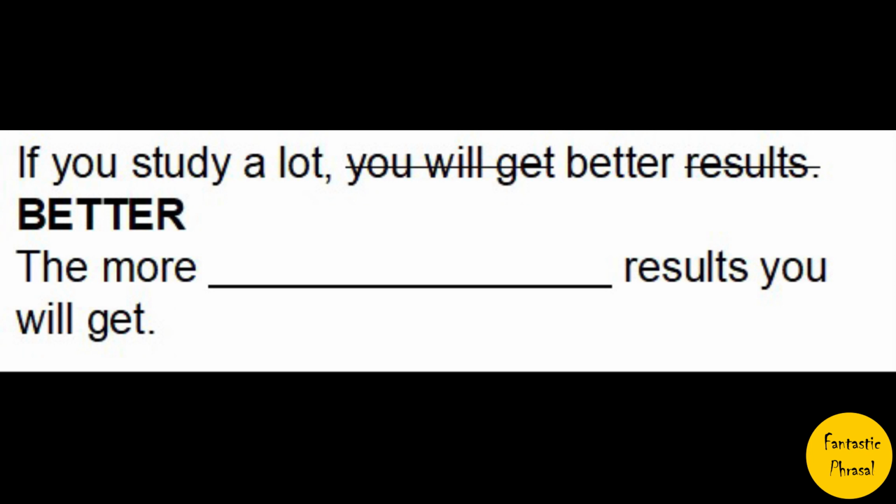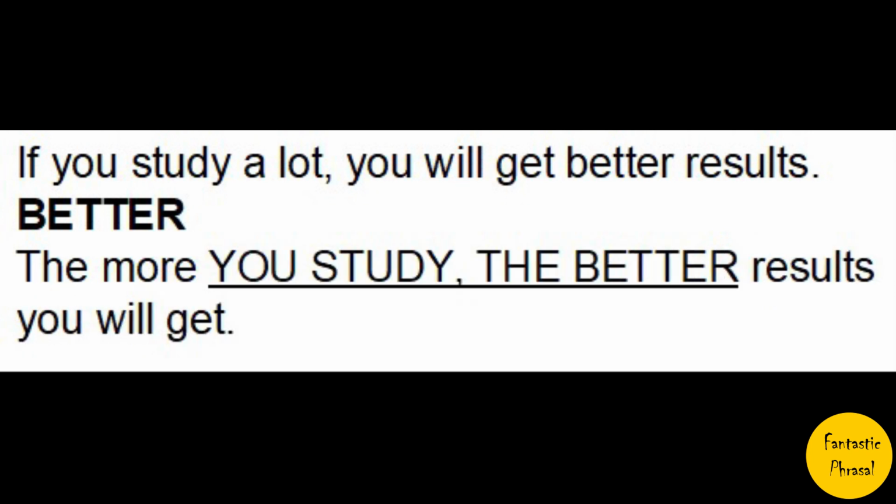We think about the comparative structure, the with the comparative, followed by the with a comparative. With this in mind, we can complete the second sentence so that it contains two comparatives. The answer to this question is you study the better. You would receive 1 point for you study and 1 point for the better.